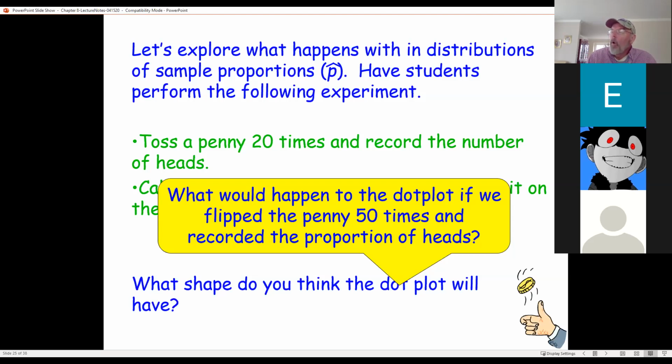So what would happen to the dot plot if the number of coin flips goes from 20 times to 50 times? What's going to happen to that distribution?